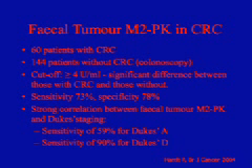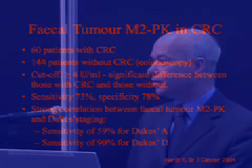And they also identified that there was a strong correlation between the increase in fecal tumour M2-PK levels and increasing Dukes staging, so that the sensitivity of 60% for Dukes A, so early cancers, increasing to 90% for Dukes D, so a late stage of colorectal cancer.